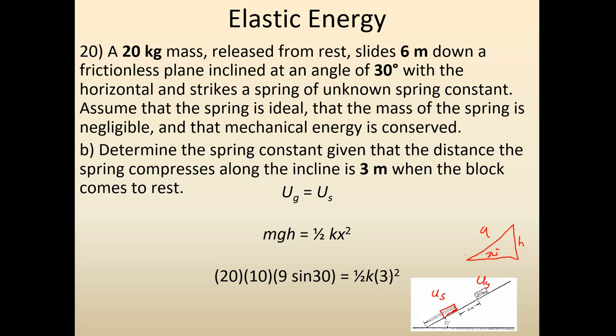I put in the 3 because that is how much the spring compresses. It doesn't matter if it's on an angle or not. So that ends up being 3. Plug my numbers in, and I end up getting that the spring constant is 200 newtons per meter.